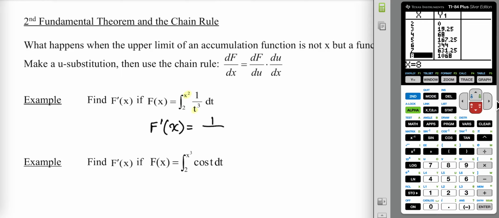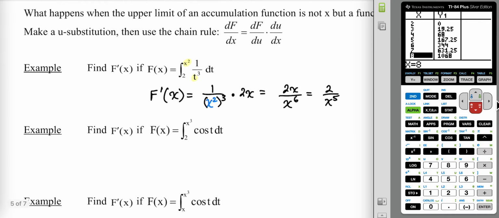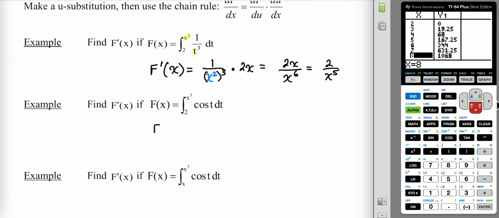So 1 over x squared cubed, and then I'm going to multiply by the derivative of the upper bound of integration, which is going to be 2x. So we're looking at 2x over x to the 6th, simplify 2 over x to the 5th. F prime of x, cosine of x cubed multiplied by 3x squared.